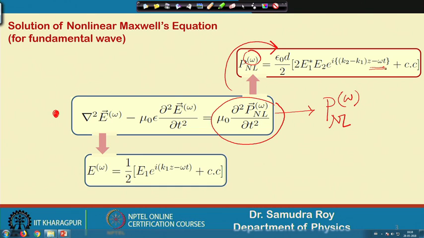There are many frequency components that are possible, but we just extract the frequency component omega, to generate the field which is associated with frequency omega. So, PNL is nothing but the source term.